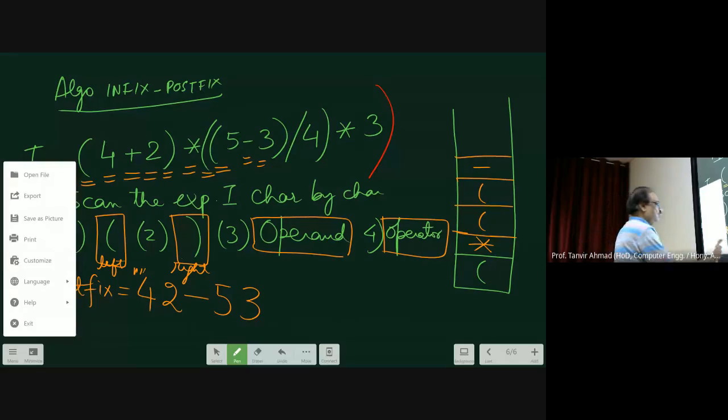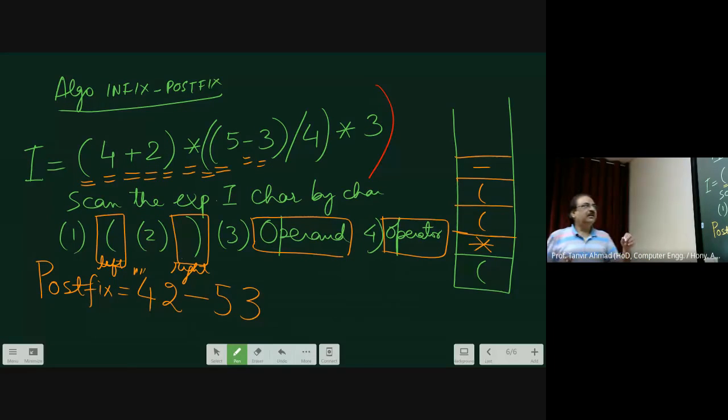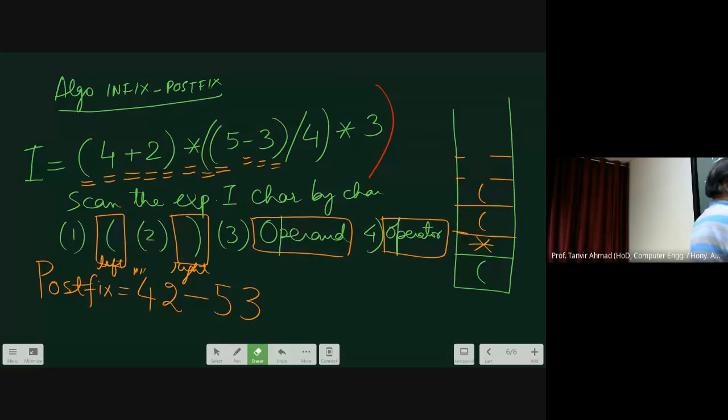Then I get the right bracket. You know that when I get the right bracket, I pop the operators from there and keep adding to the postfix. Now here I will pop this minus and put it over here. Then I will also pop this one out and discard it.